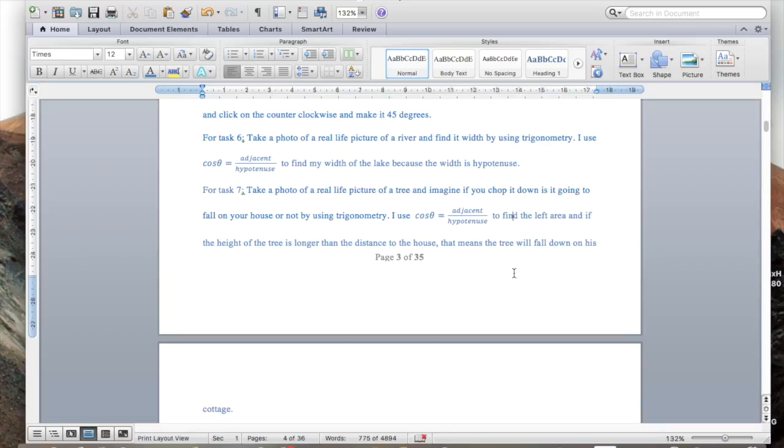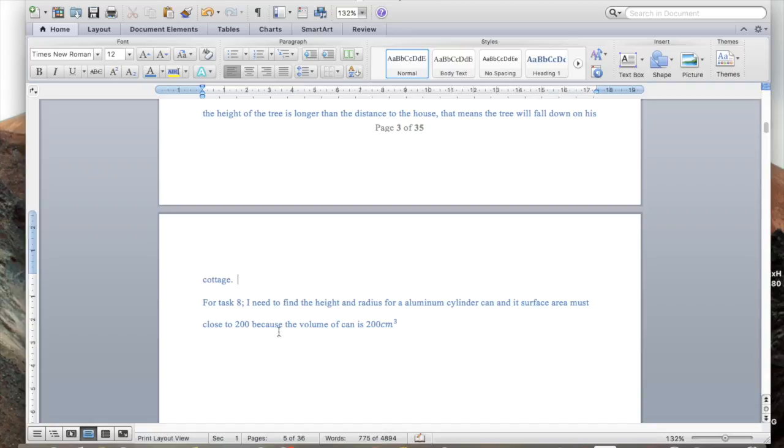If the height of the tree is longer than the distance to the house, that means the tree will fall down on his cottage. And for last task 8, I need to find the height and radius for an aluminum cylinder can, and its surface area must be close to 200 because the volume of the can is 200.